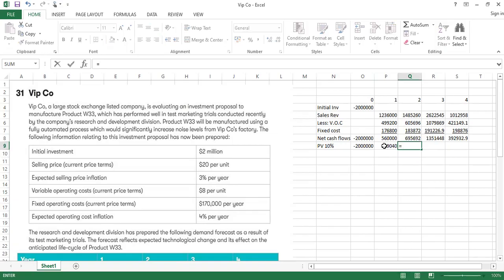Next, this multiplied by 0.826. This multiplied by 0.751, this multiplied by 0.683.